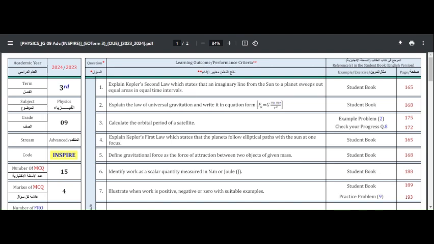So in the Kepler's second law, what they could ask is basically they could give you a picture of a planet or a satellite going around a planet, or the planet going around the sun, whichever it be. So they could show a shaded region of the planet going around in 1 month.